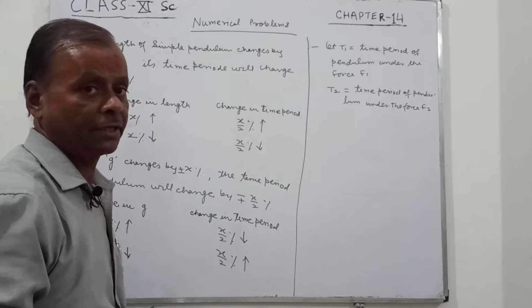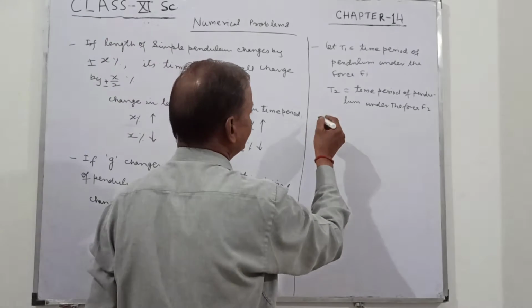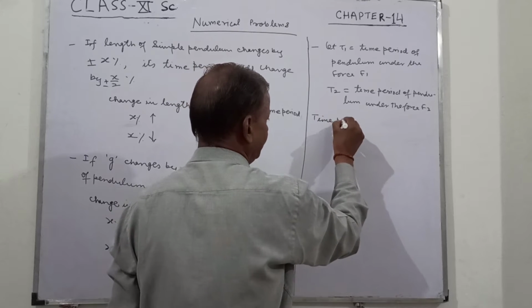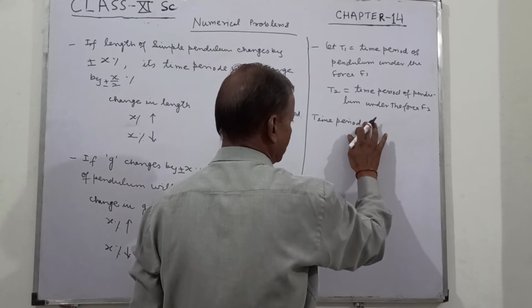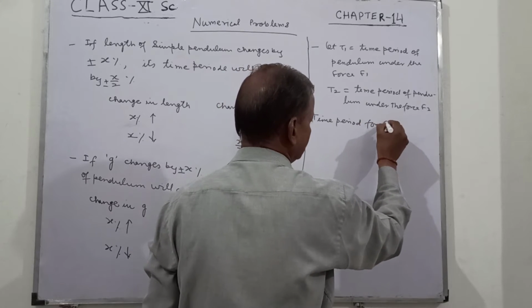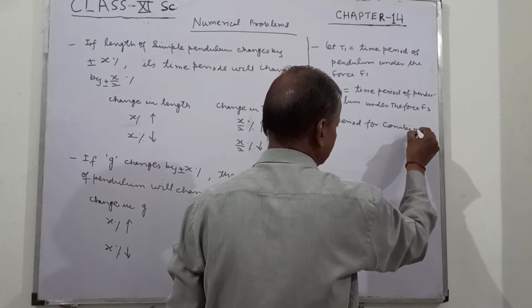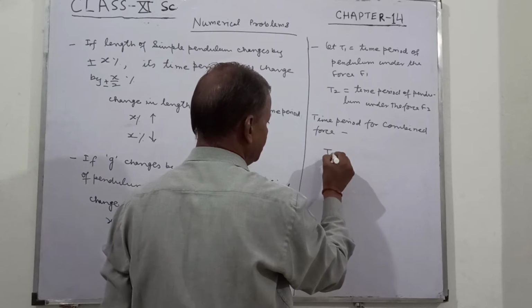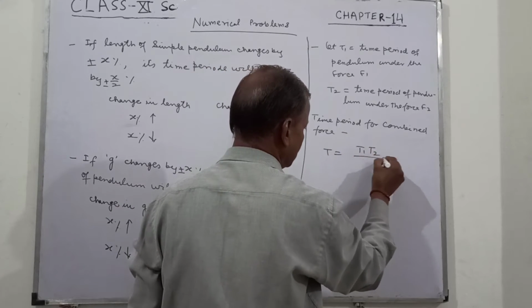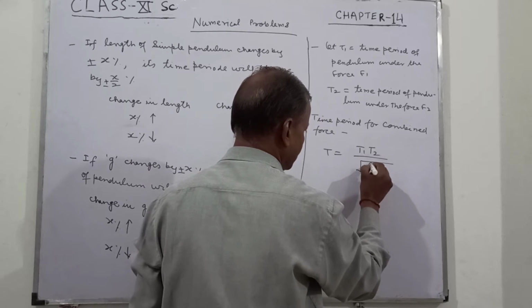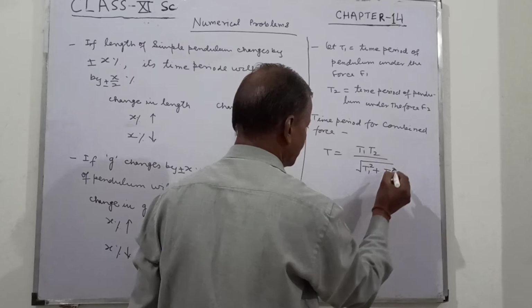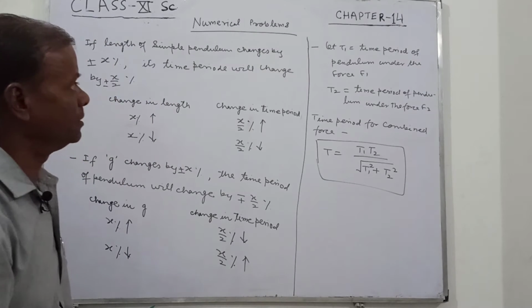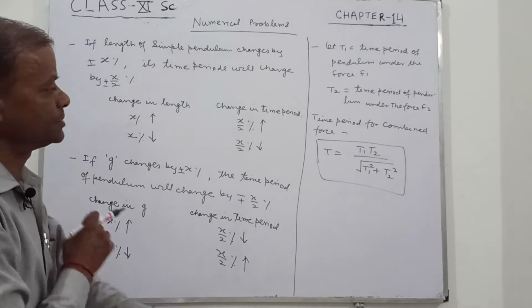And let's suppose a combined force, time period for combined force, then this t is equal to t1 t2 upon the square root of t1 square plus t2 square. This is the formula. So you may have the questions from numerical parts like this.